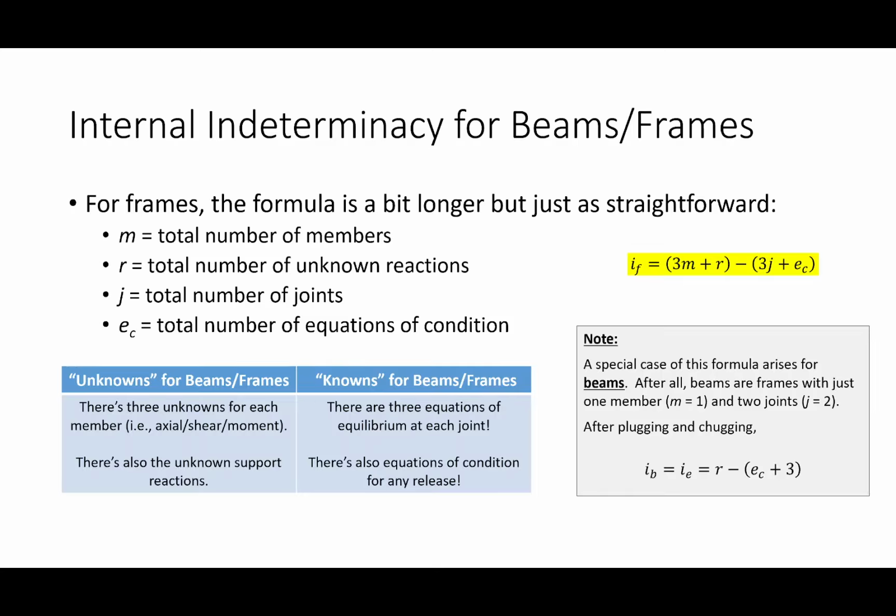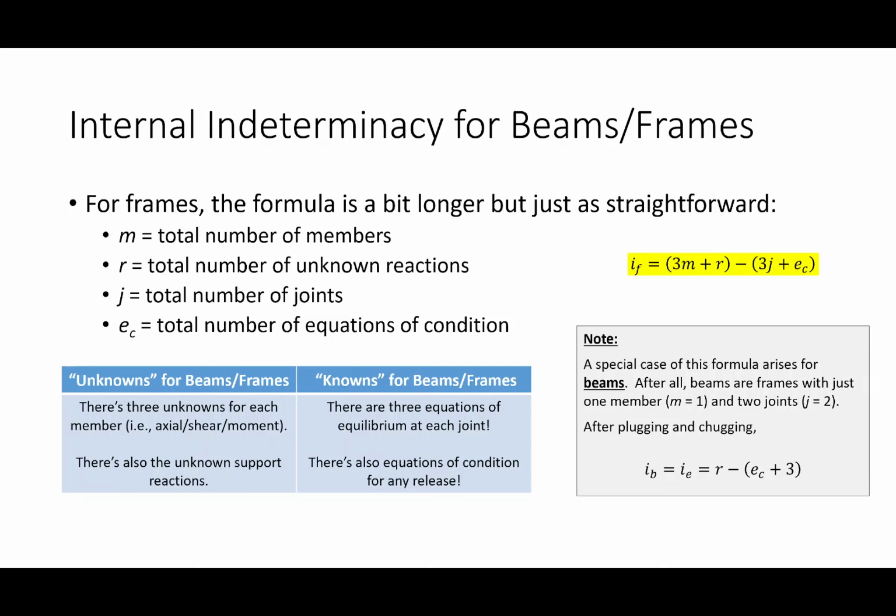We have 3m plus r minus 3j plus E sub c. What I propose is let's replace j with m plus 1. Actually, that needs to be a bracket. Does that make sense?